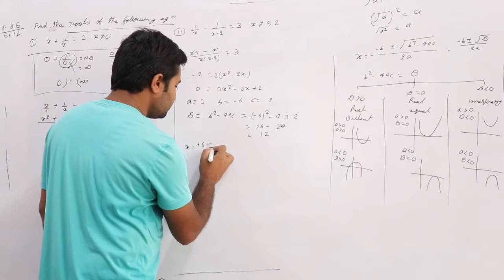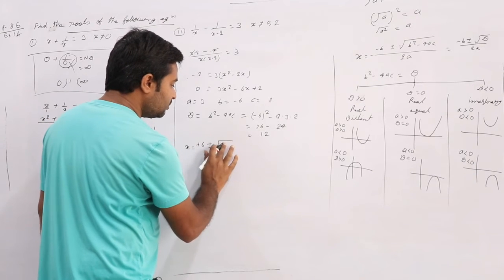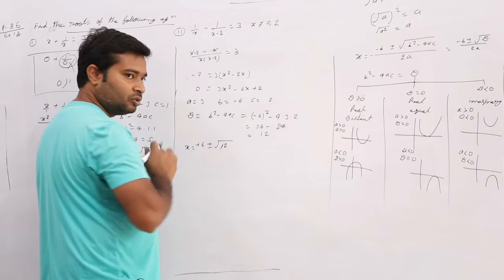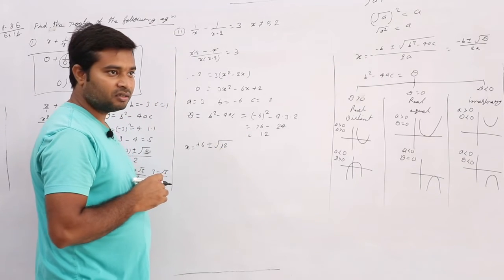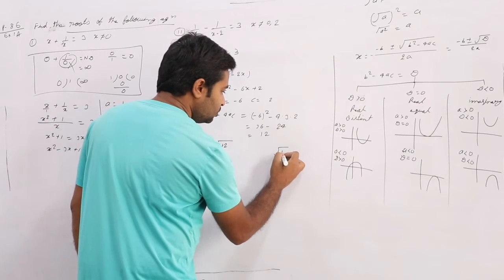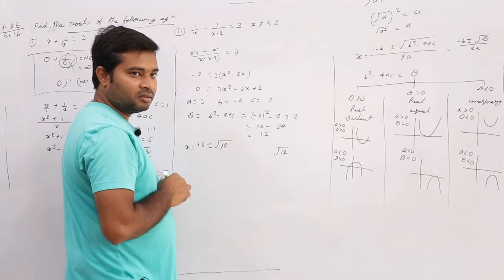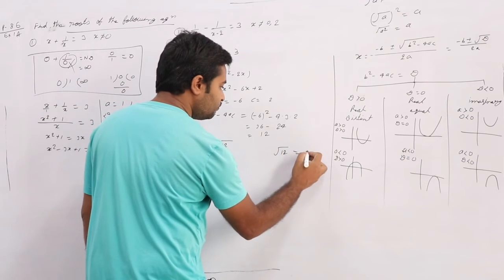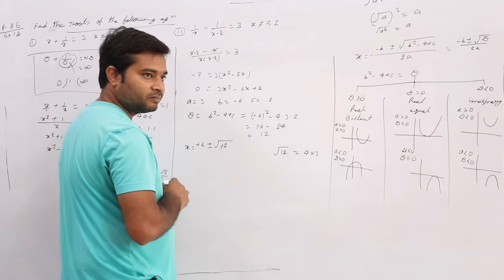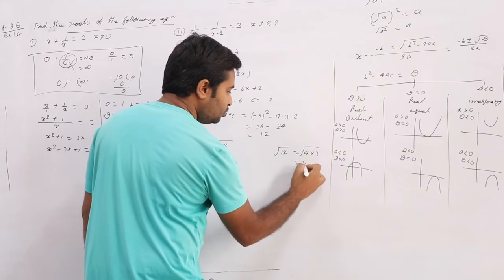Plus minus root over D. Root over D is how much? 12. Root over 12. Can I write 4 into 3 is equal to 12? Root means can I write 2 root 3?